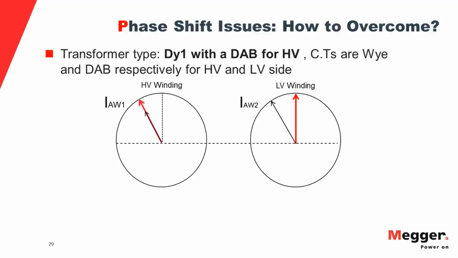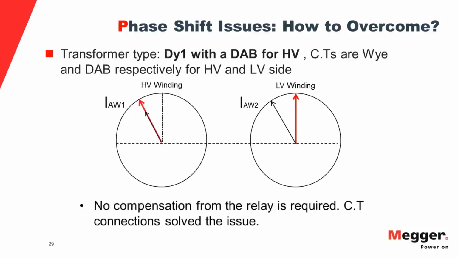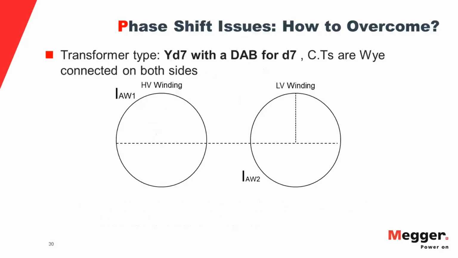After the CTs, if I have CTs Y connected on both sides for this example, I would have my winding one current and winding two current in this fashion. It's clearly observable that there is a phase difference between winding one current entering the relay and winding two current entering the relay.